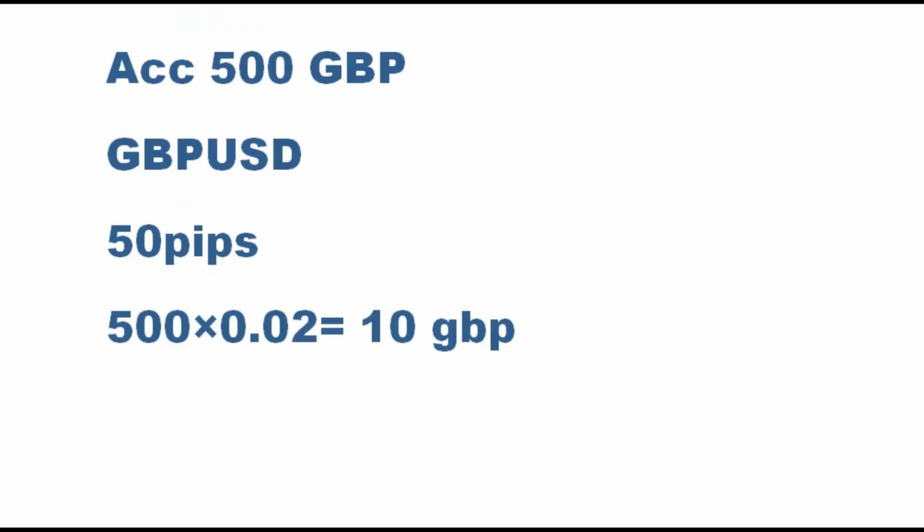In this scenario, risk 2%. 2% means multiplying by 0.02. 0.02 of 500 pounds is just 10 pounds. Since our account is denominated in pounds, our risk is going to be 10 pounds.